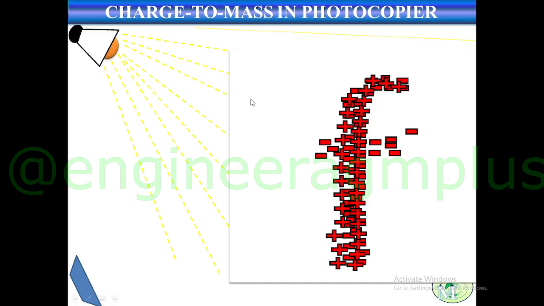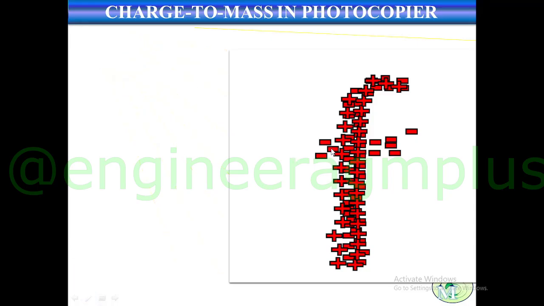All these areas, the positive charge you find there, these rays of light discharge everything here. Then we have the image, which is transferred from the mirror and stays positively charged.